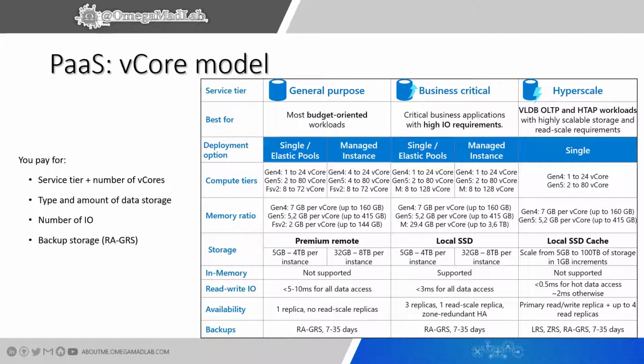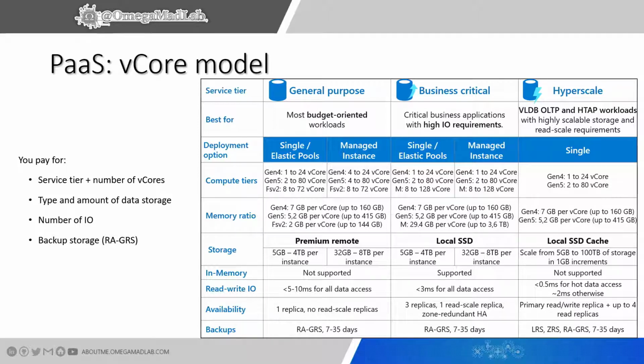Now let's focus on the vCore model, where you can find more than one tier that can support your workloads. You can start with general purpose or business critical tiers that are available both for single database and elastic pools, as well as for managed instances.